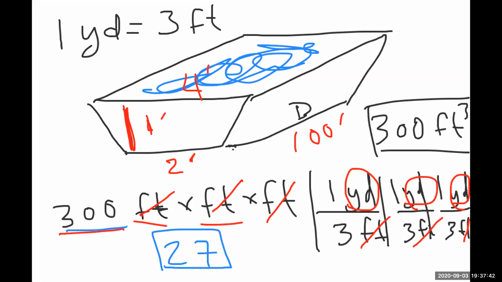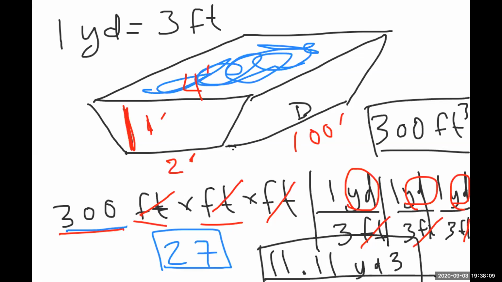Every time you have to convert cubic feet to cubic yards, you divide your cubic foot answer by 27, always. So 300 divided by 27 equals 11.11 cubic yards. And there's your answer, okay?